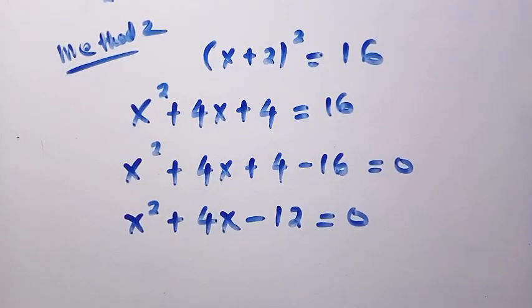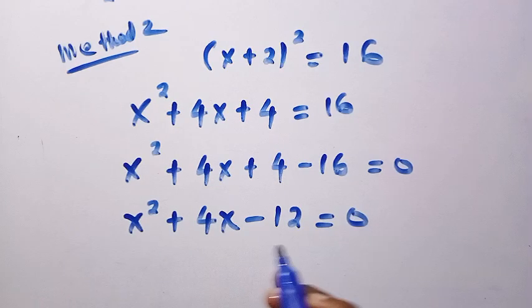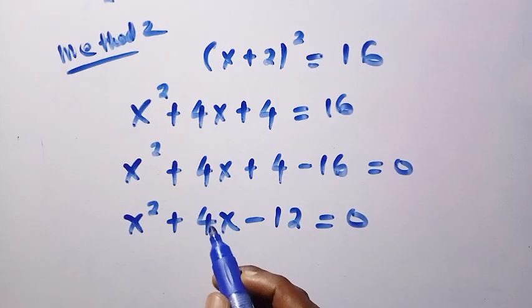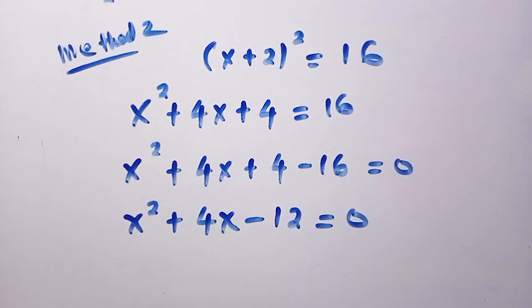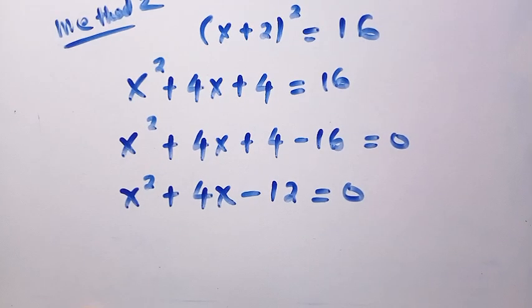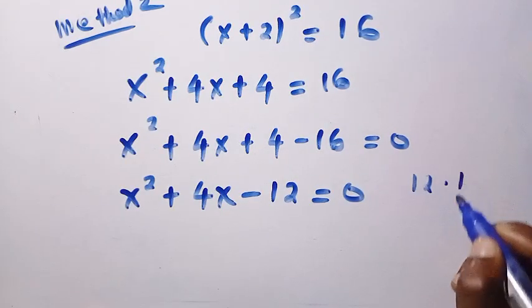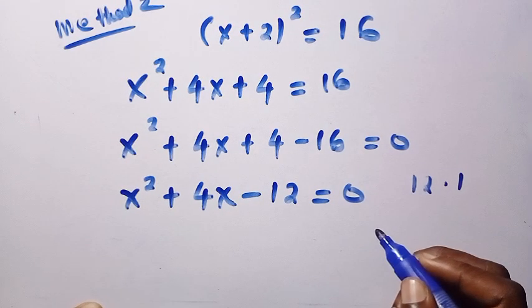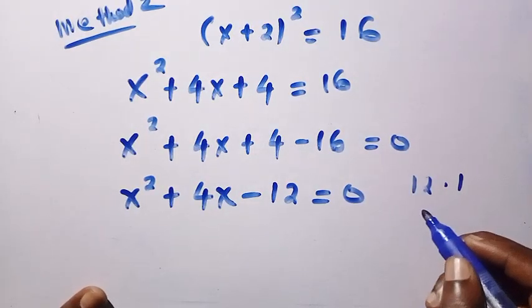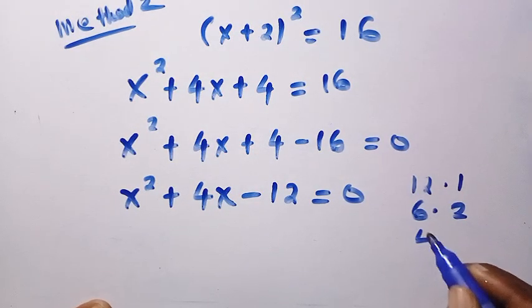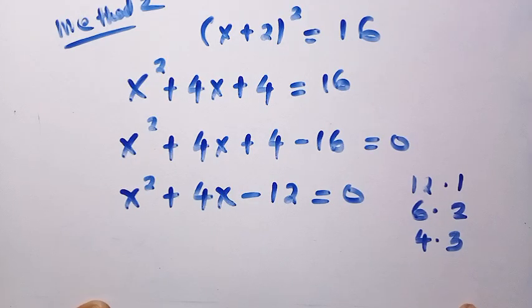Then we have to solve this by considering the factorization method of quadratics. We have this as 4 and we have this as 12. We have to consider the factors of 12. If I start from 12 multiplied by 1, again we have 6 multiplied by 2, and 4 multiplied by 3.